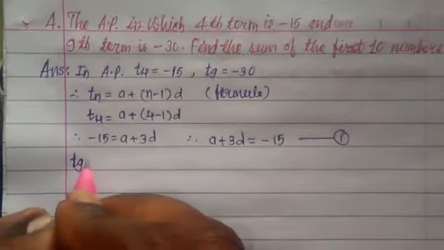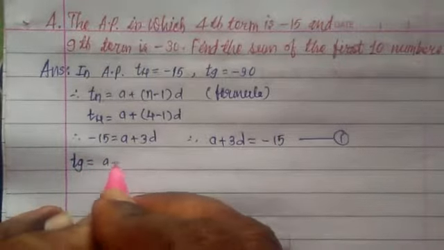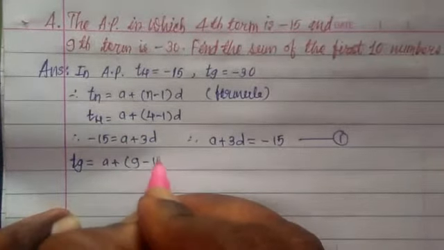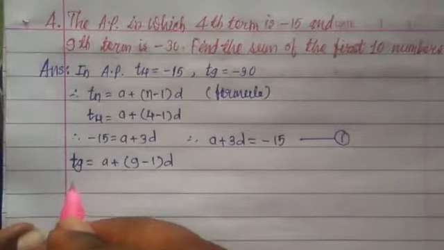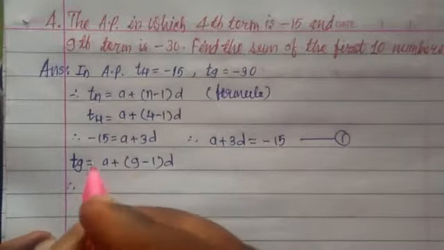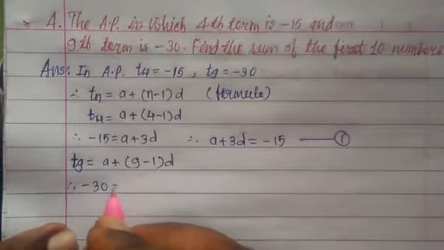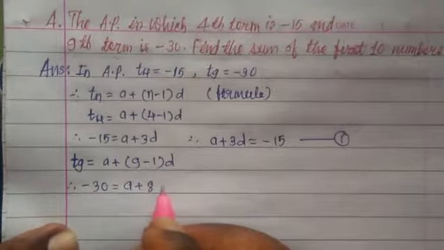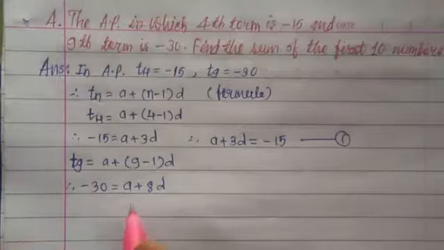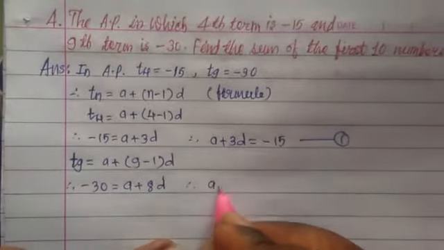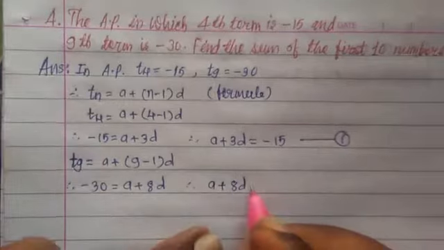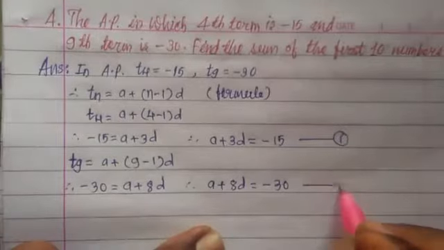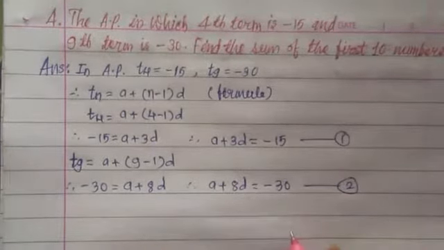T9 is equal to A plus n means 9 minus 1 into D. We know that T9 means minus 30 is equal to A plus 9 minus 1 means 8 into D, and hence A plus 8D is equal to minus 30. This is equation number 2.